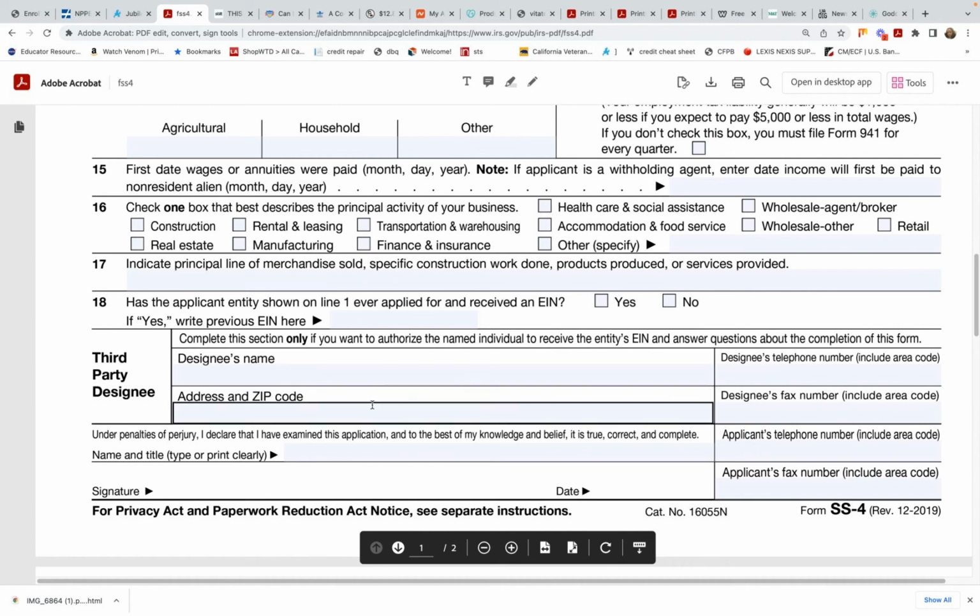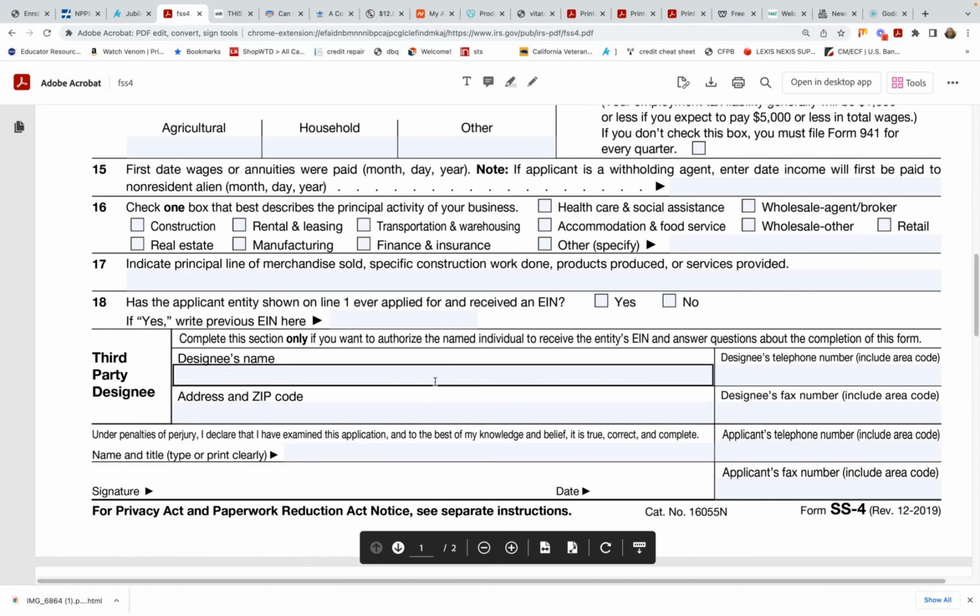Have them fill out their name, address, phone number, and fax number if needed, and the IRS will issue the EIN to the designee. After the designee is issued that, their job is done. They have nothing else to do with your EIN or your organization, because now you have the EIN, and the responsible party is the person who is supposed to take over.